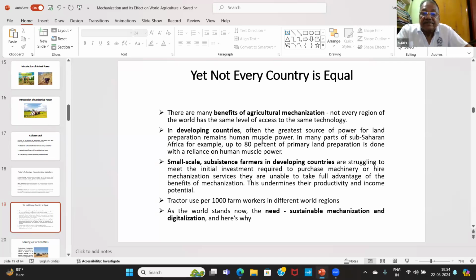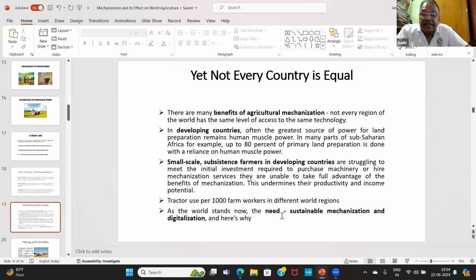We have 50%, 55%, China also around that. And take sub-Saharan Africa, 80% manual labor. Then small scale subsistence farmers in developing countries are there. Then tractor use per 1,000 farm workers in different world regions. So you'll find a great deviation in that.